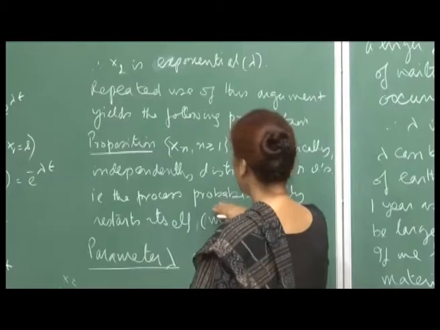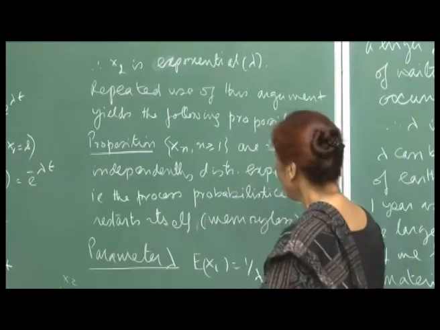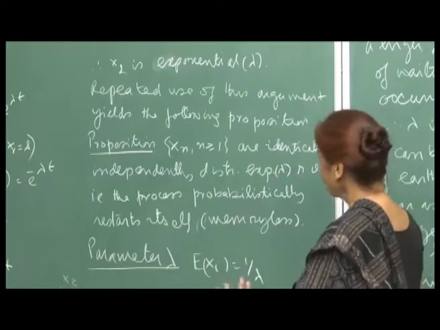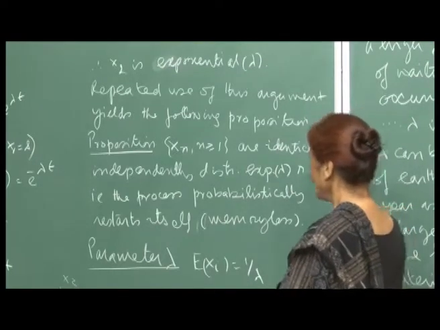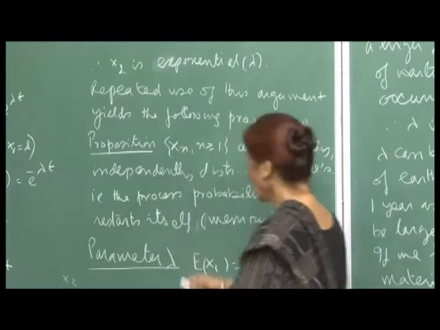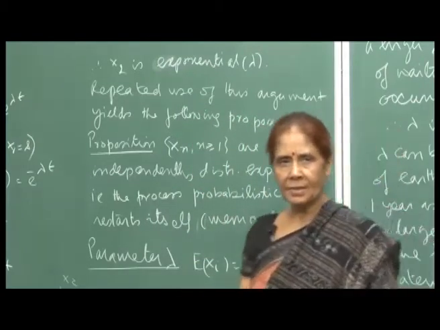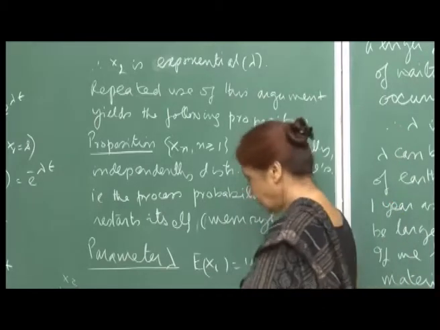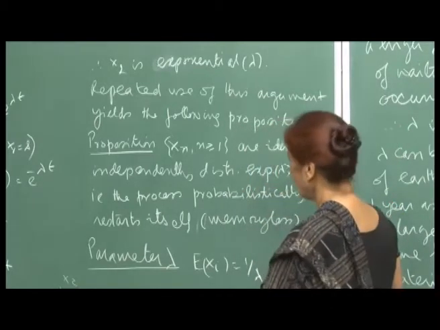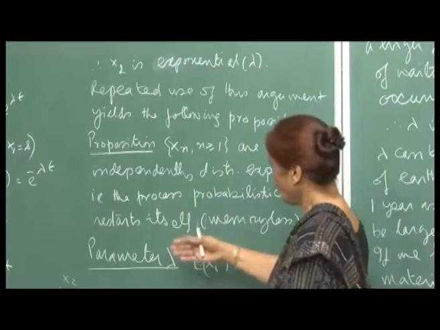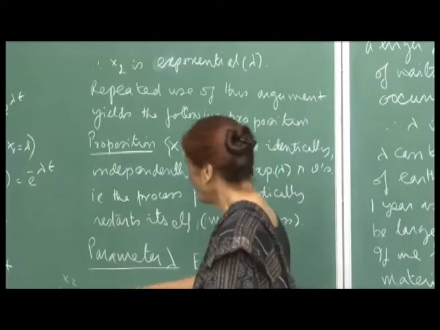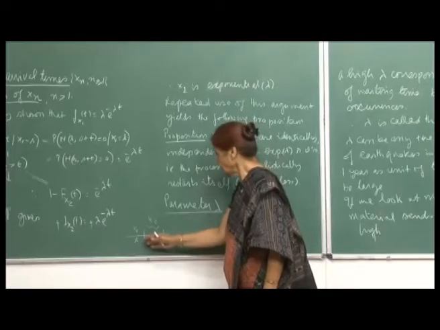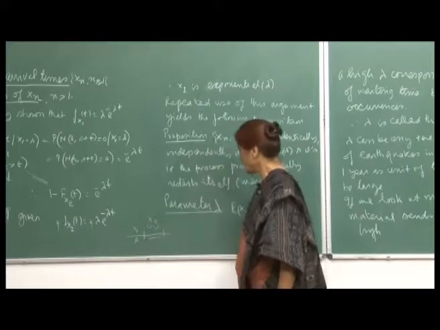That is, the process probabilistically starts itself again, which means it is memoryless. Every time an event occurs, it starts afresh. There is no memory as to when the last event occurred. So, when you start counting the inter-arrival times, it rejuvenates itself again.